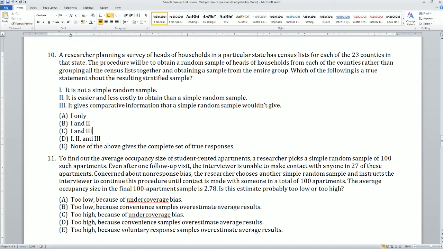What does census mean? A census is a survey of a population. Like they send out a census to your house and ask how many people are in your house.